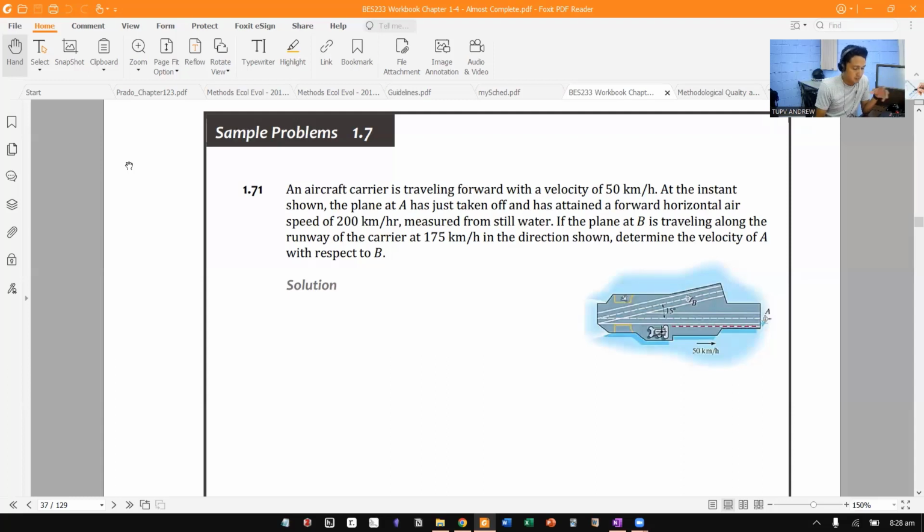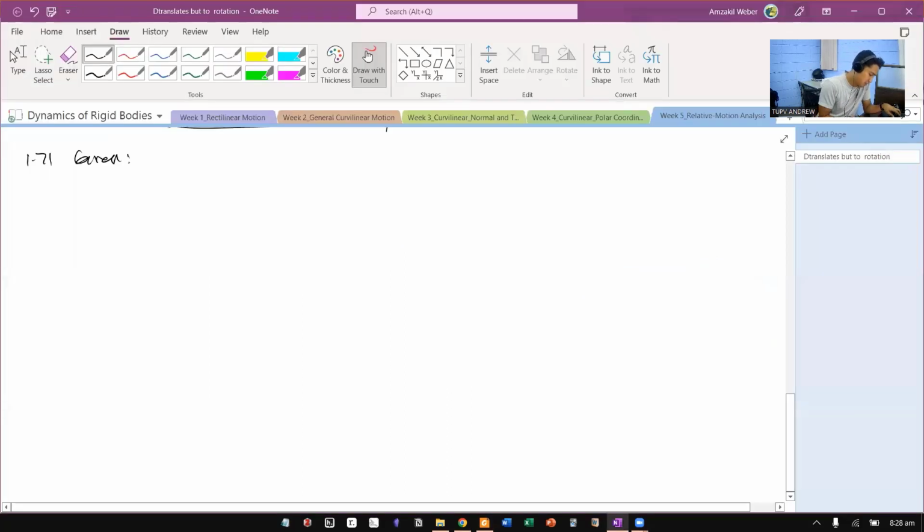It is safe to assume that it is absolute velocity because still water is the absolute frame of reference. So 50 km per hour is the absolute speed of the aircraft carrier. Let's call it VC, 50 kph.